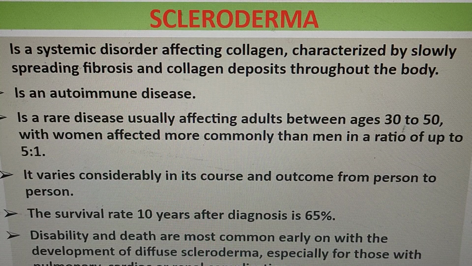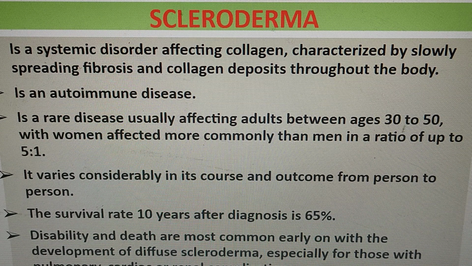Okay, the next condition or disease is scleroderma. It is a systemic disorder affecting collagen, characterized by slow spreading fibrosis, hardening, and collagen deposits throughout the body. It is an autoimmune disorder, like RA.